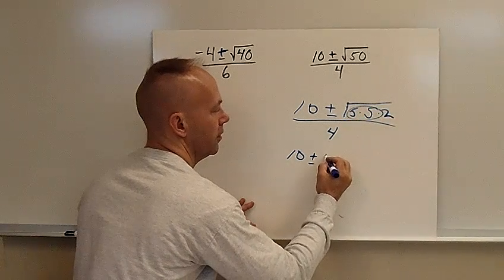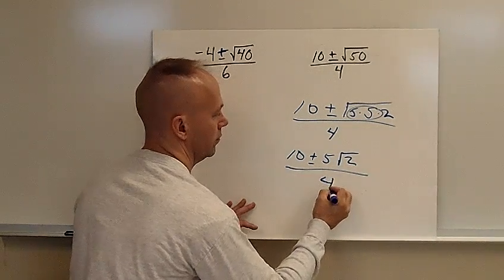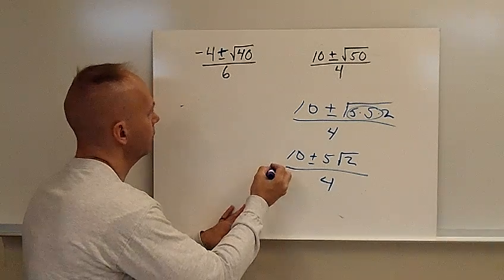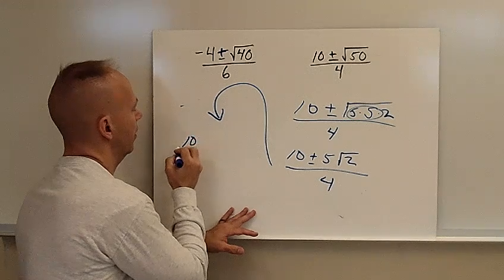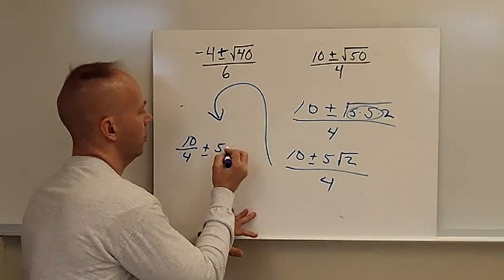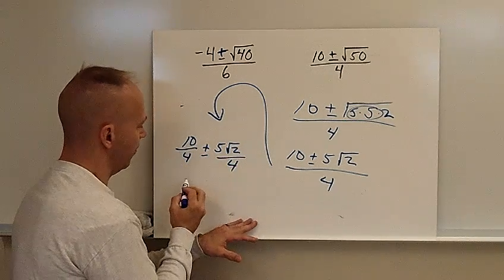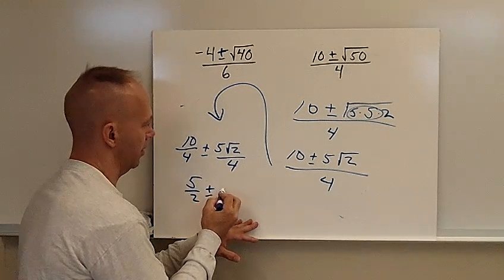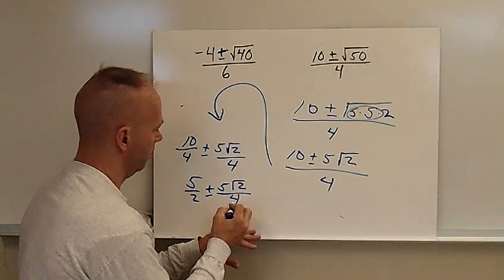Square root of 5 squared is 5. And now, I'm going to split them up. Go over here to 10/4 plus or minus 5 radical 2/4. And I can simplify that to be 5/2 plus or minus 5 radical 2/4.